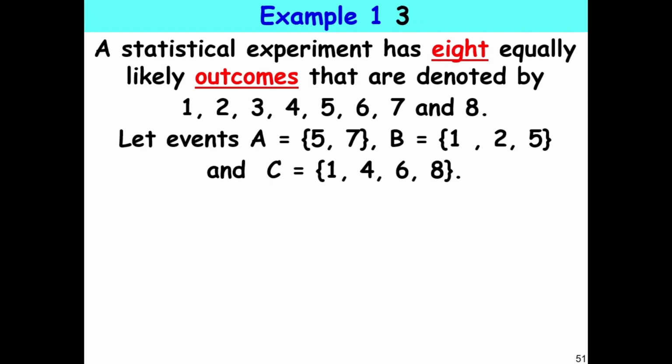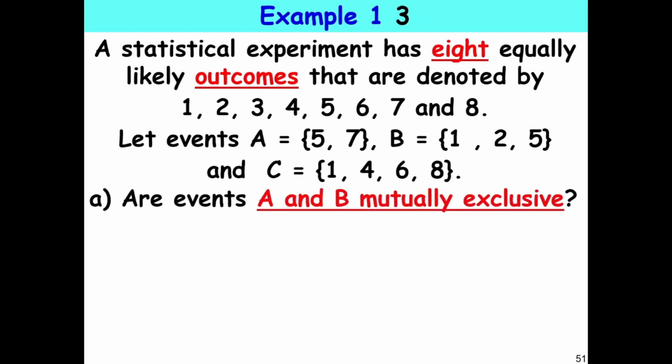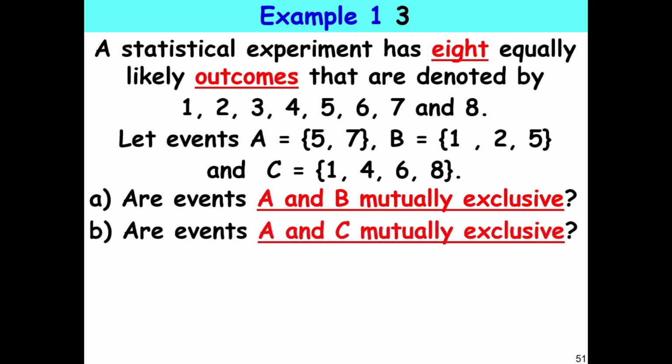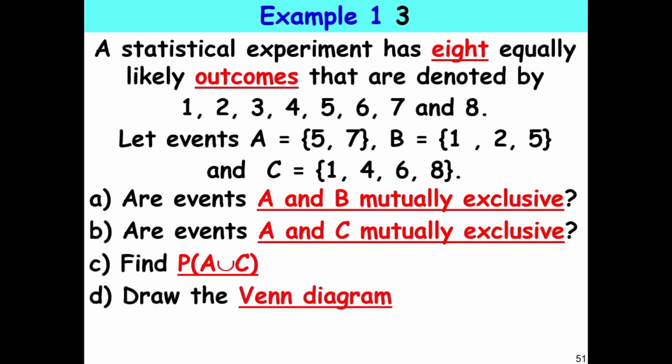Example 13. A statistical experiment has 8 equally likely outcomes that are denoted by 1, 2, 3, 4, 5, 6, 7, and 8. Let event A be 5, 7, B be 1, 2, 5, and C be 1, 4, 6, 8.